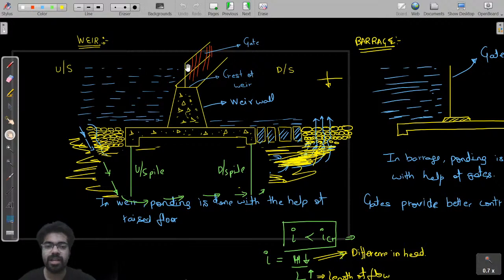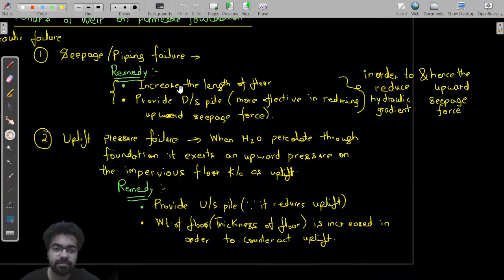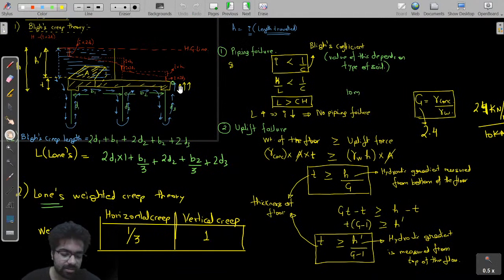That can be controlled by gates. You cannot control the extra water with the help of the weir. This gate level can go down or up, it is a sluice gate. I hope the doubt is clear.